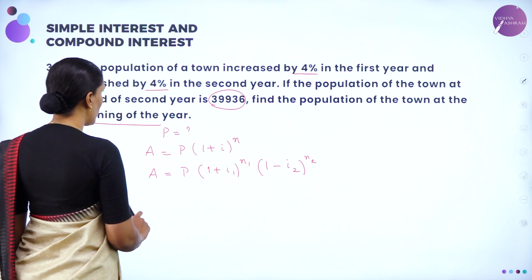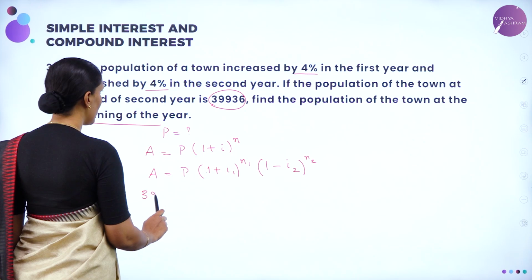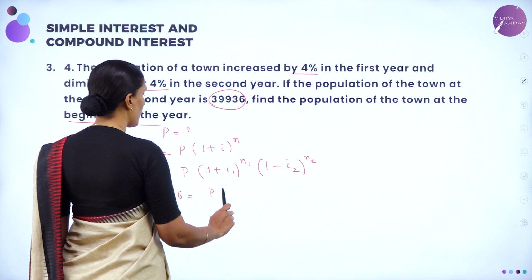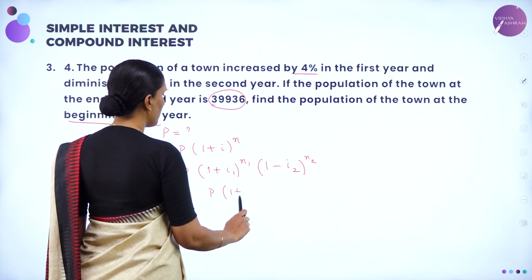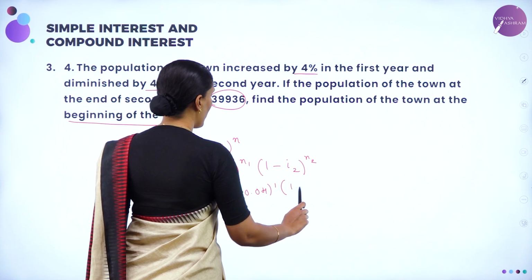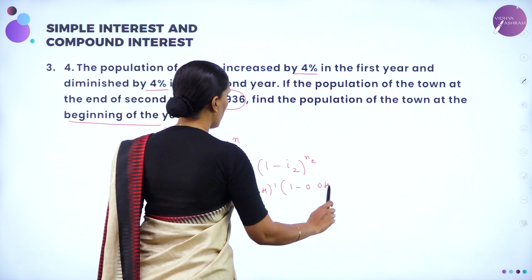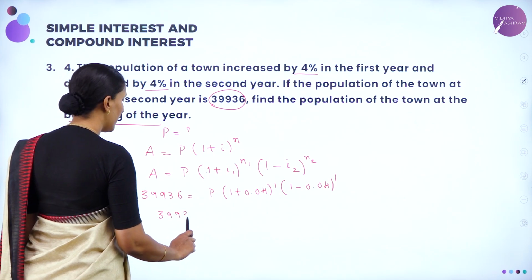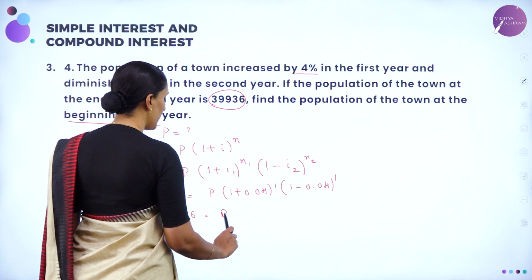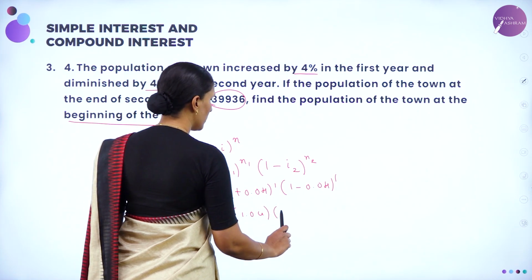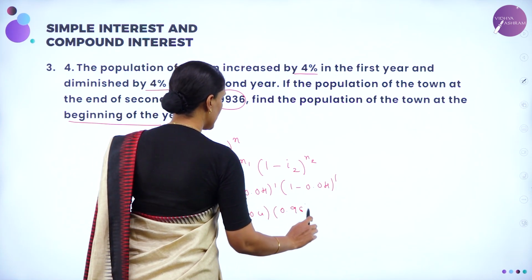Now the total population is 39,936. So we don't know P. So (1 plus 0.04) to the power 1, (1 minus 0.04) to the power 1. So this is 39,936 is equal to P into 1.04 into 0.96.